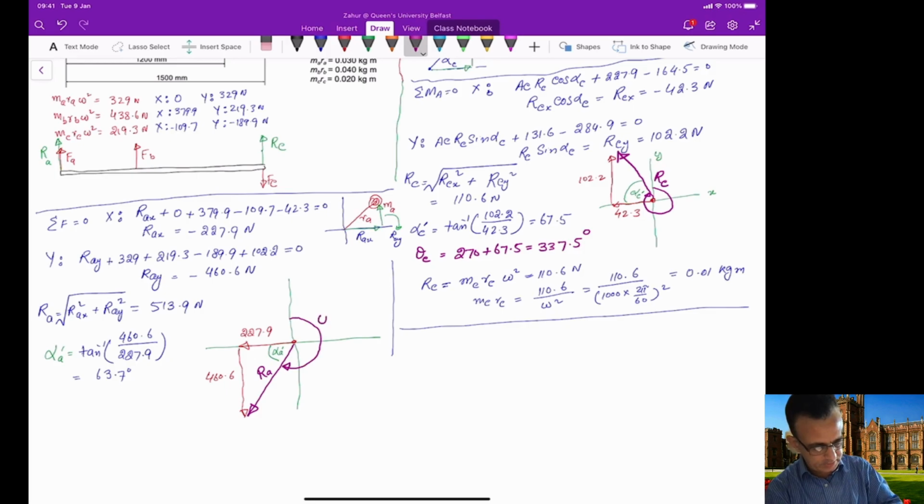So this is our theta A. As you can see in this figure, theta A will be equal to 90, 90, 90, and minus this alpha A. So this means that 270 minus alpha A dash is our theta A, the required angle, which will be 206.3 degrees.